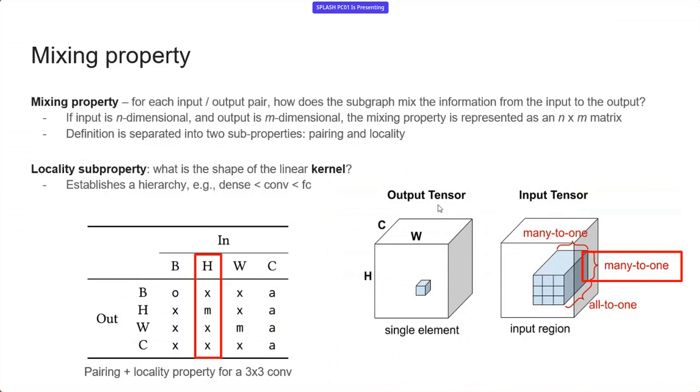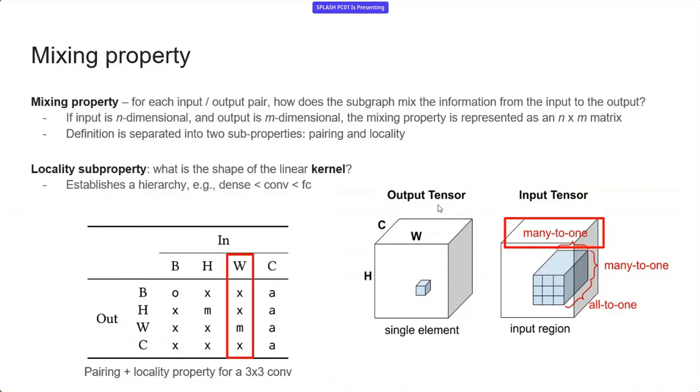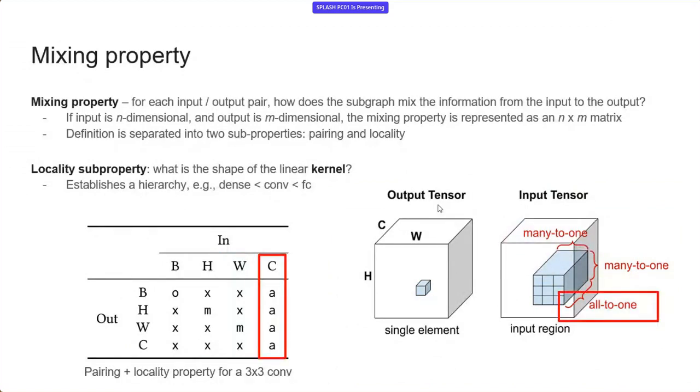There are 3 elements contributing to the computation of the 3-by-3 convolution. That's more than 1, but less than all, so many to 1. The same thing with the width column. We just put an m in the only entry that wasn't already an x. And then for the last one, the channel dimension, you see a full slice. So we put an a there, which stands for all of the entries.